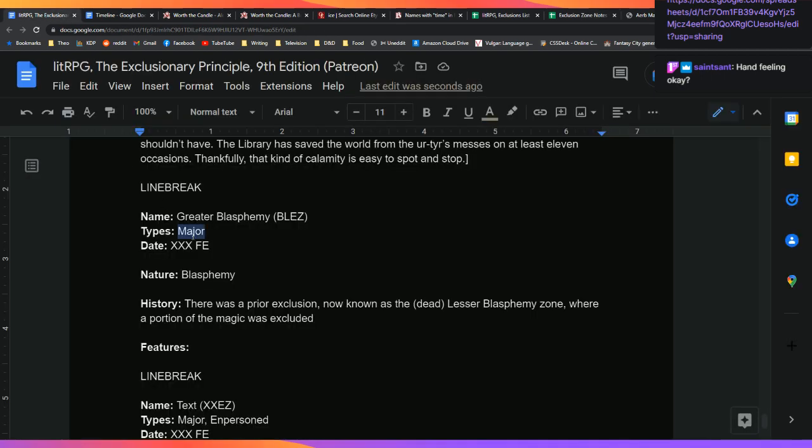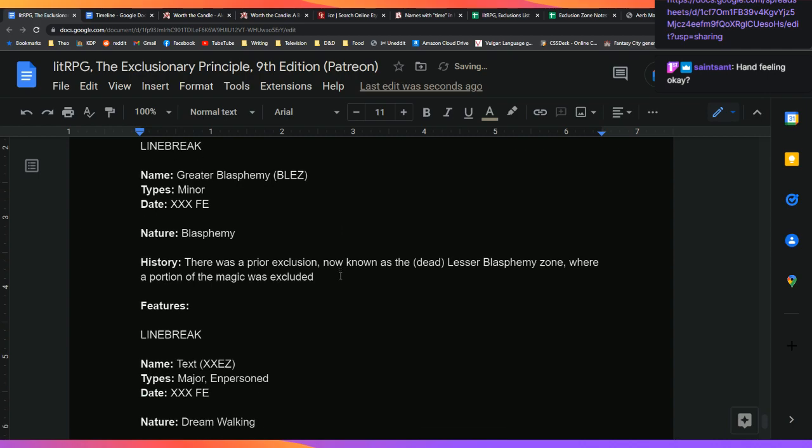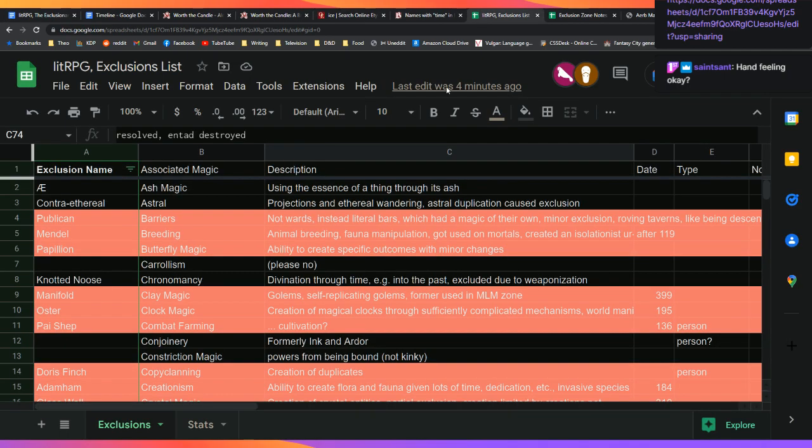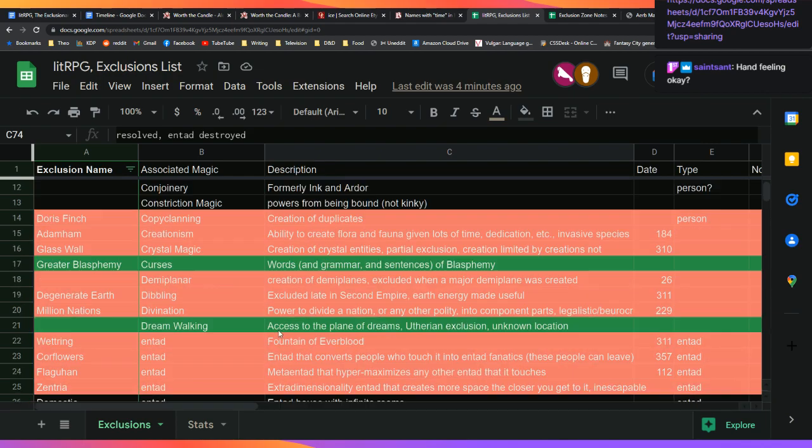Oh, Greater Blasphemy is minor. Do I like that? I think I do. Anyway, this is the Blasphemy exclusion zone. If I do one today, it's this one. I should try a copy of the actual prompt here, but the idea.